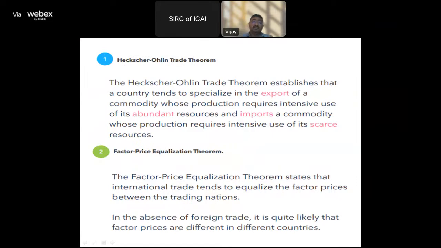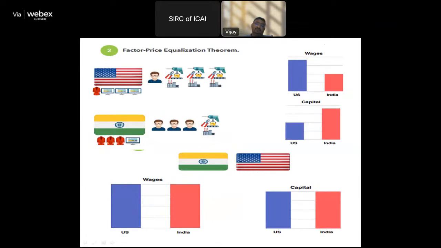Sir, at one point of time, there will be an international trade equilibrium where the movement of capital and movement of labor from one nation to another nation, the price will be equal. When the price is equal, the price of output, that is the goods and services, will be equal. See, initially there is a difference. Wage rate is more in US, less in India.